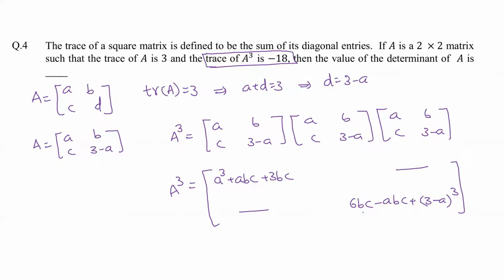According to the given condition, we'll be taking the trace of this. So trace of A cube is given as minus 18. That is going to be the sum of the diagonal elements, which is going to come as A cube plus ABC plus 3BC, that was your first element, and the second element that we had as 6BC minus ABC plus 3 minus A whole cube, right?